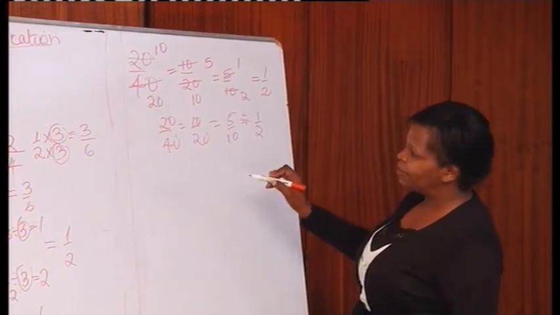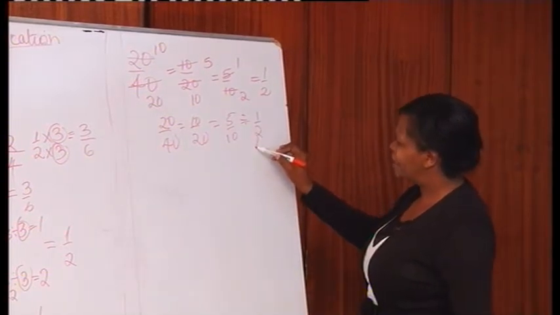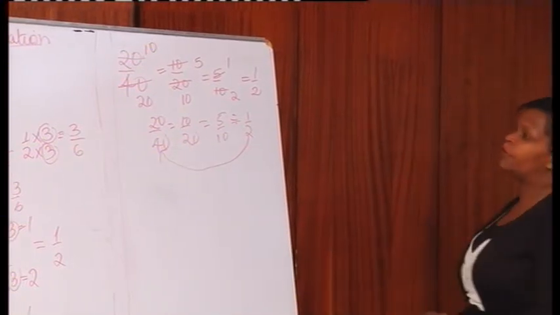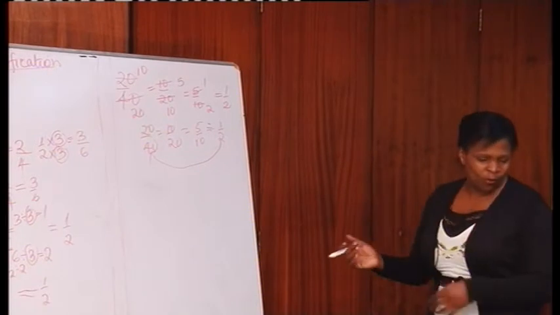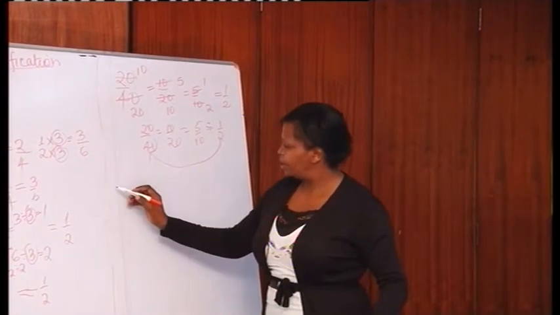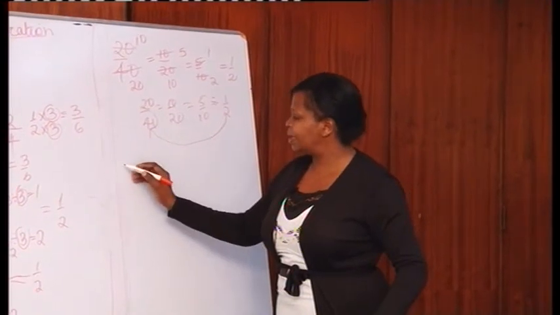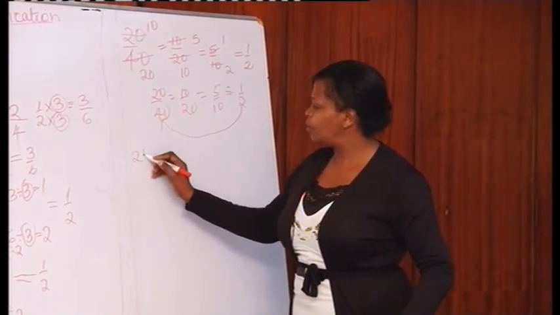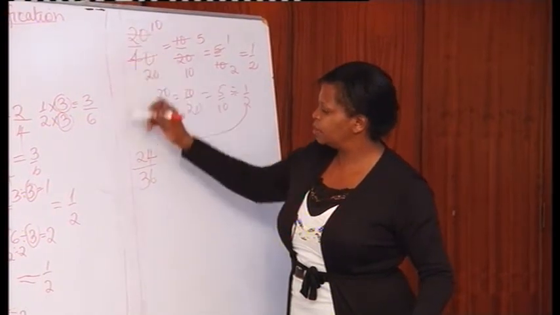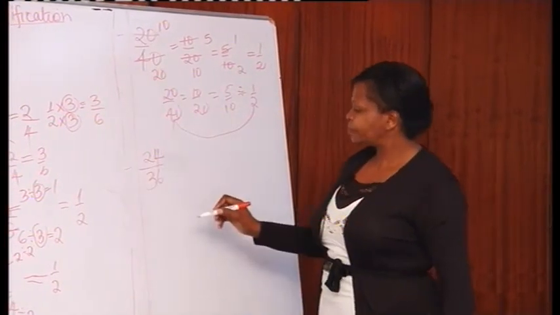Like I said when we started, simplification is the opposite of equivalent fractions. So we're just playing with these numbers. Let's do the last one, which is, let's say, 24 over 36. This was a question.